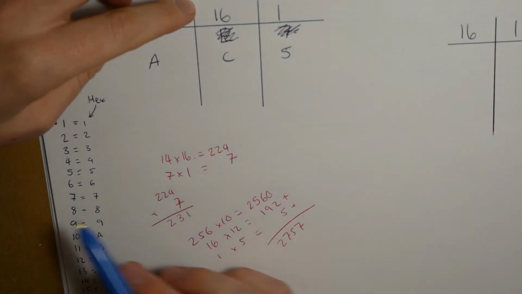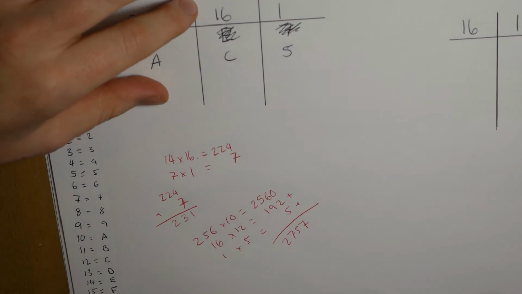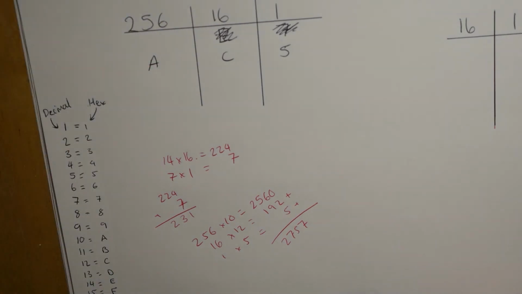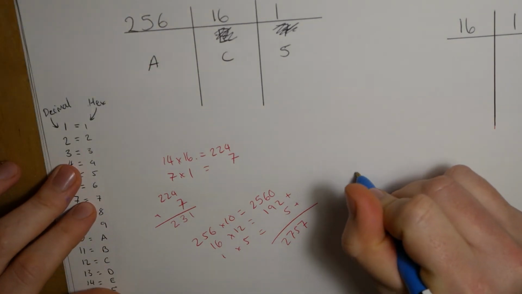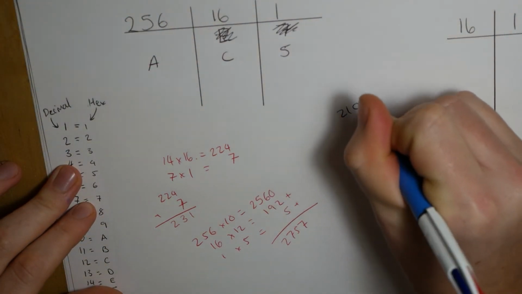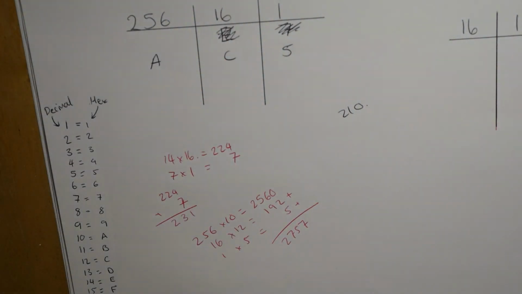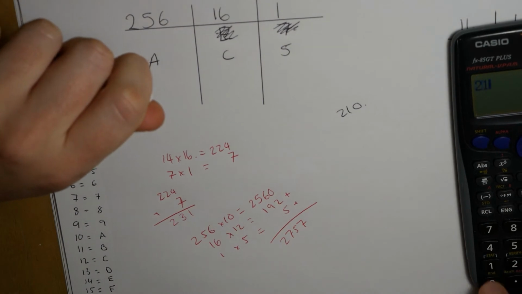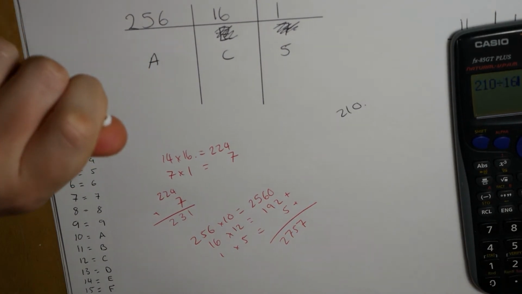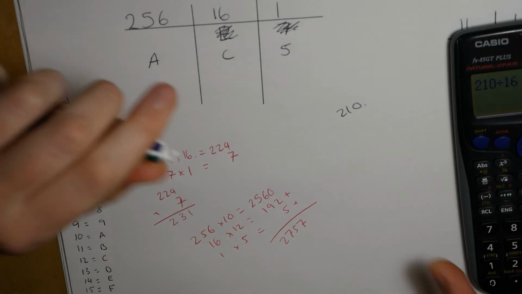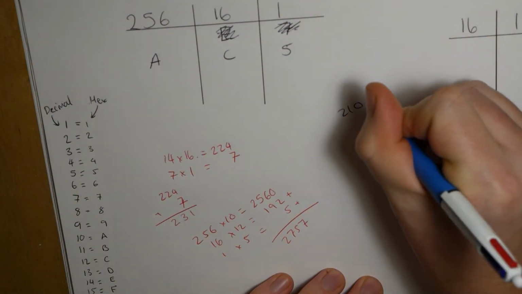This time we're going to convert 210. So with this you just have to do 210 divided by 16, because remember it's base 16, which is 13.125.